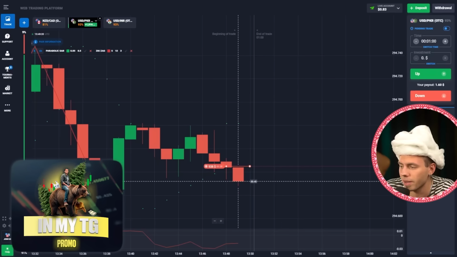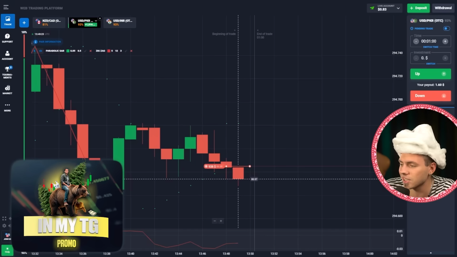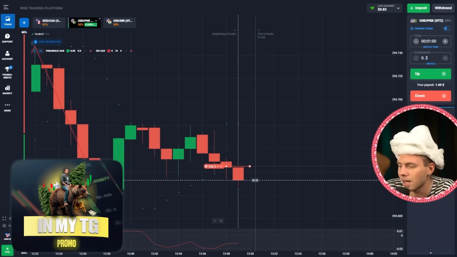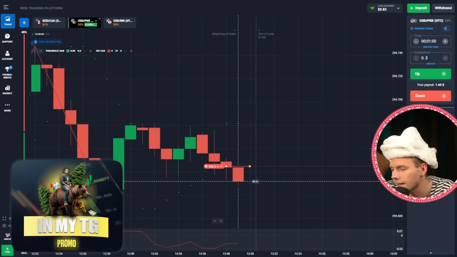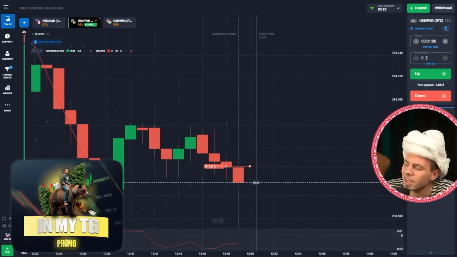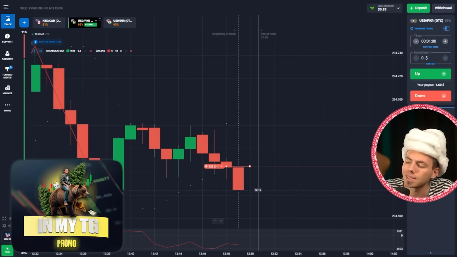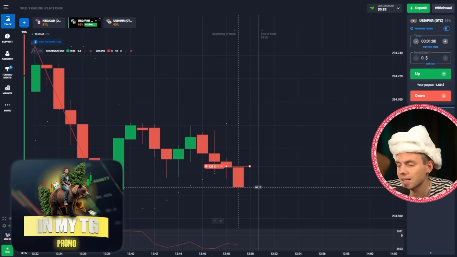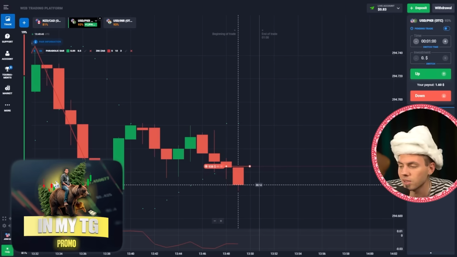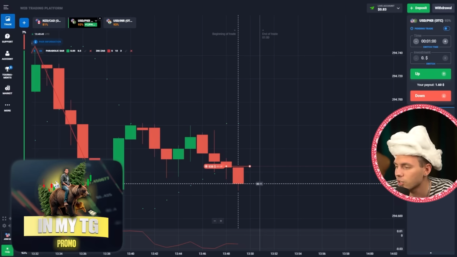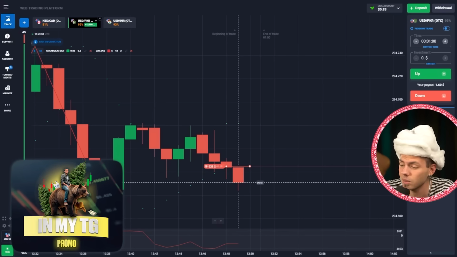Right now we expect a further decline, and there is a strong resistance level at 294.680. You see this level, this is a very strong resistance level which we definitely will not break, because there are no indicators or past situations telling us that this is the moment we can break through this line going up. So the option is down and all we need to do is be patient and wait a little bit.